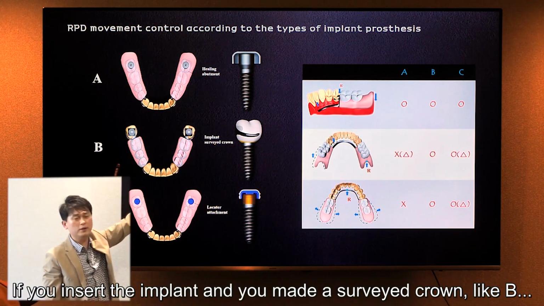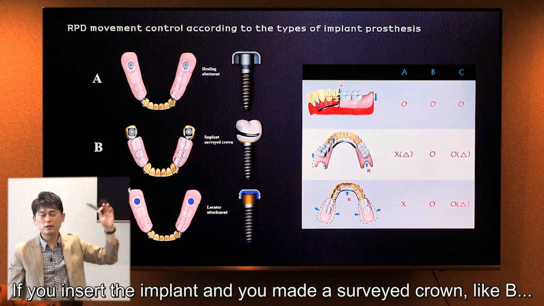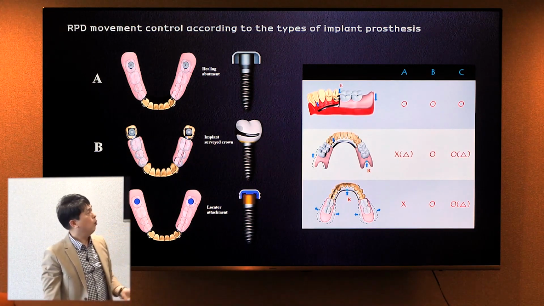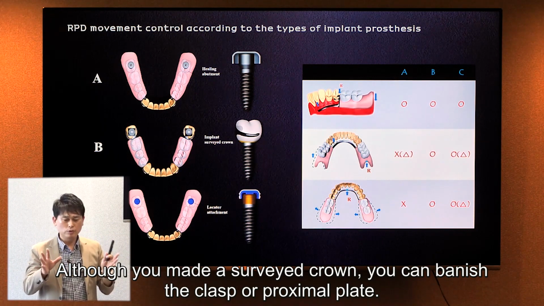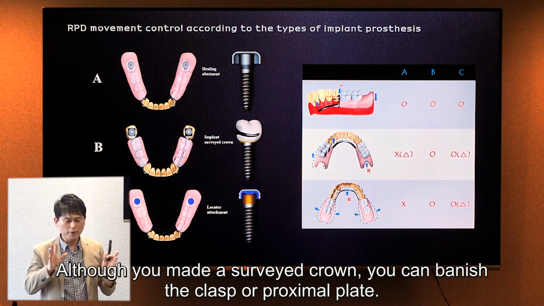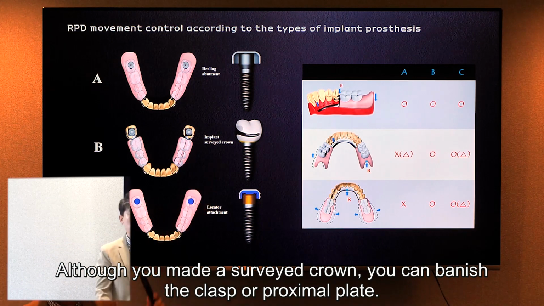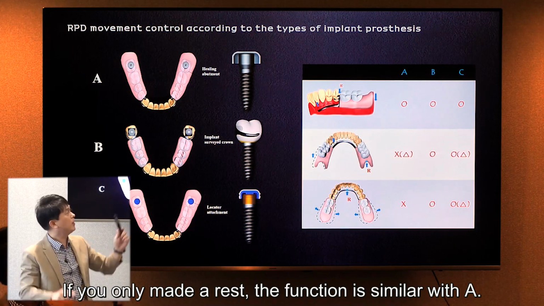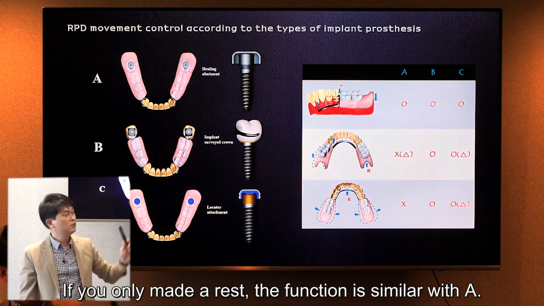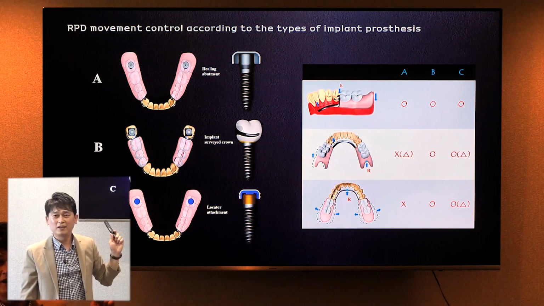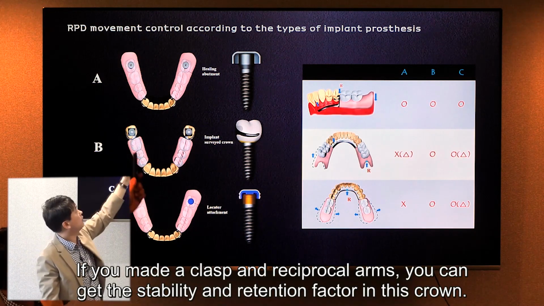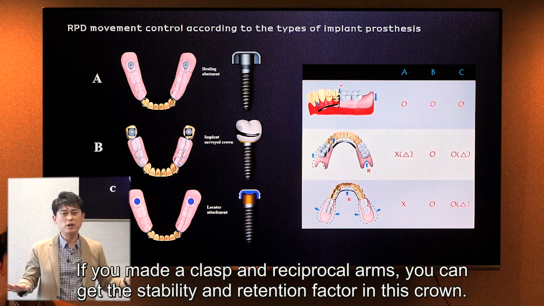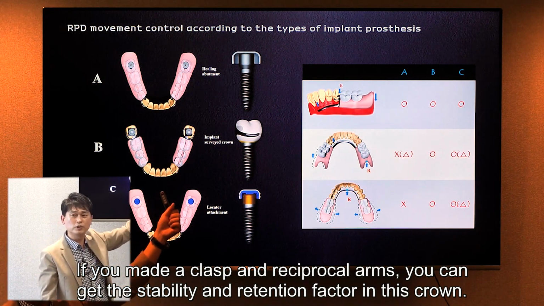If you insert an implant and make a surveyed crown, like B, although you make the surveyed crown, you can omit the clasp or indirect retainer. If you make only that, the function is similar to A. If you make the clasp and reciprocal arms, you can give stability and retention on this crown.